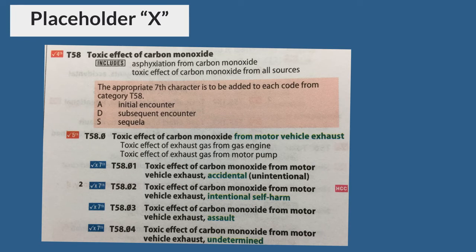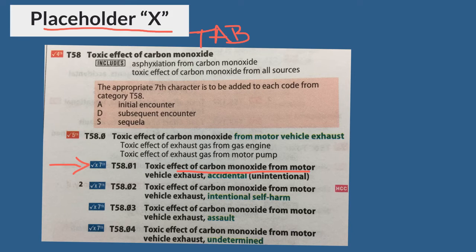Now, we have reviewed the concept of placeholder X previously, but it never hurts just to look at one more example. Again, we're here in the tabular list. Let's pretend we've already looked up our diagnosis in the alphabetic index, and it's sending us to code T58.01, toxic effect of carbon monoxide from motor vehicle exhaust, accidental, unintentional.